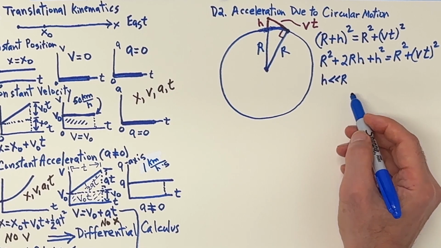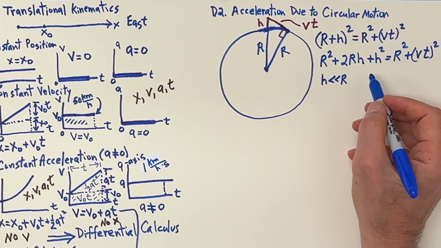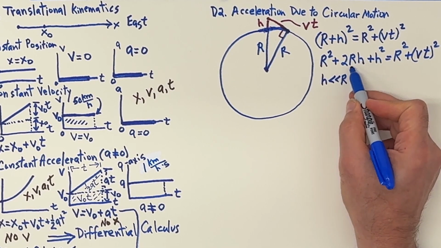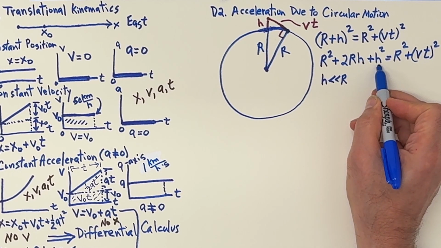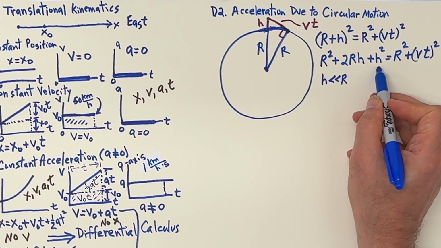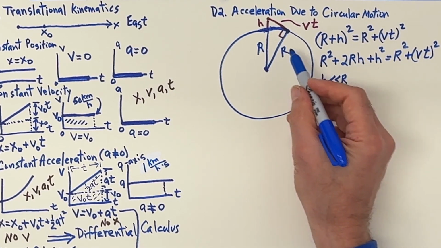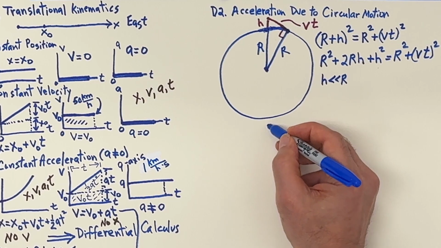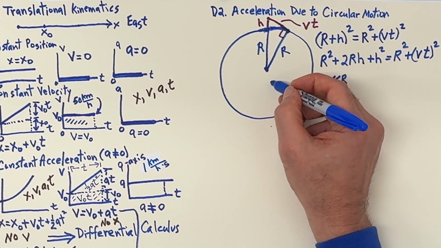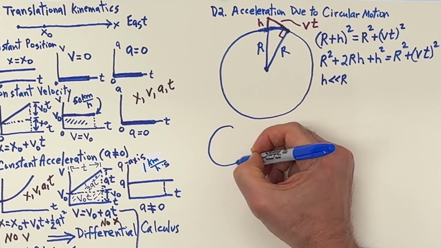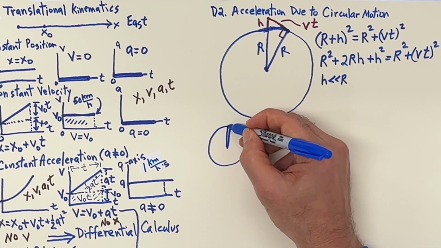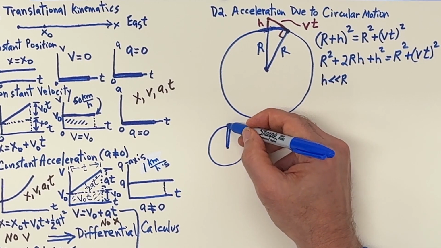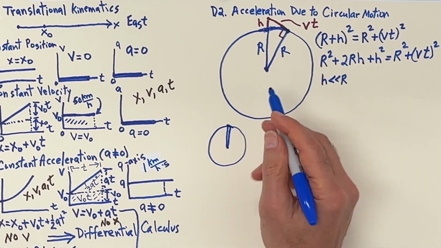Okay, so that means that if we look at these two terms, say R times H and H times H, we can neglect H squared, we can throw this away. In fact, then, in the limit as we get closer and closer, and I'll just draw another figure here, if we have something like this, now I can't even see the H because it's so close.